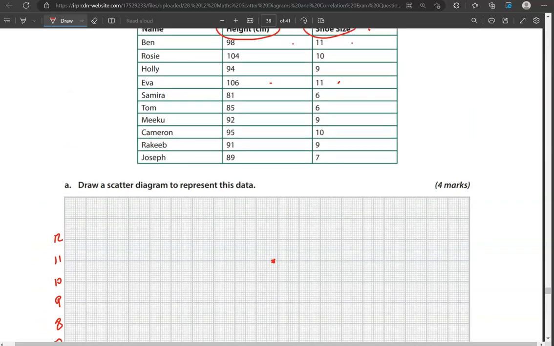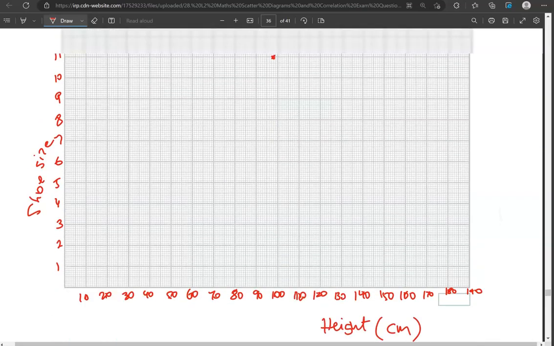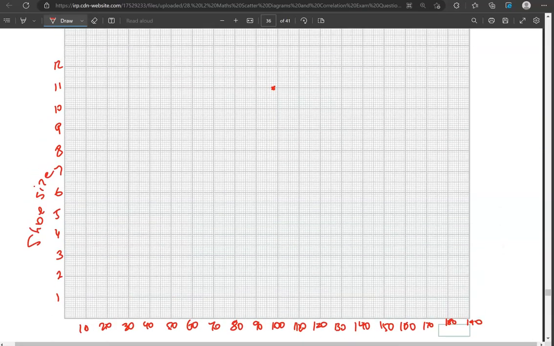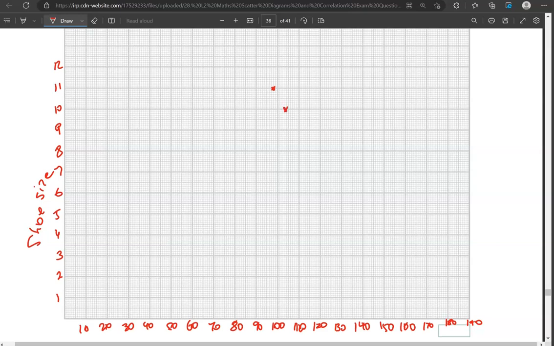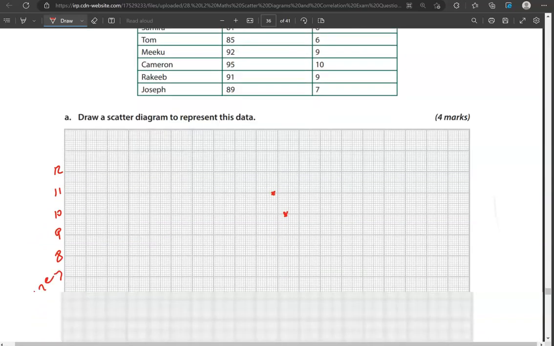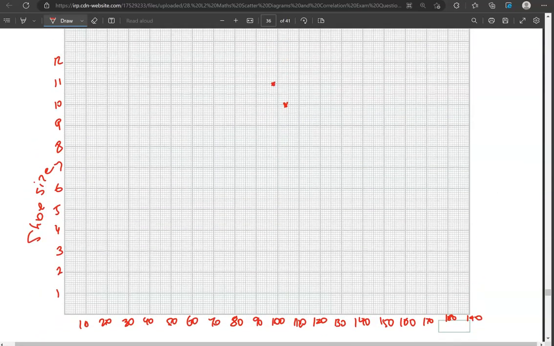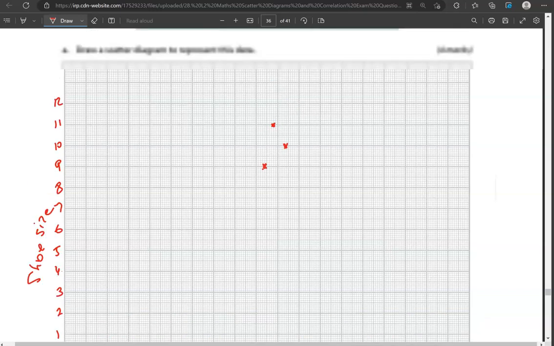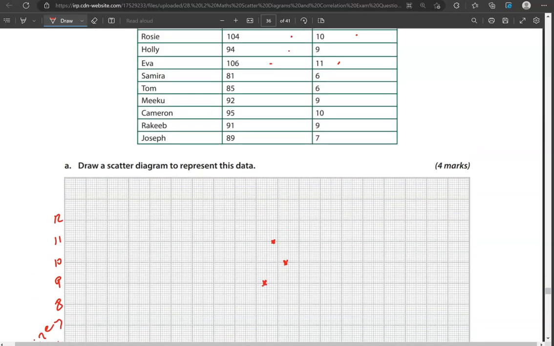Then Rosie, 104, 10. Holly, 94, 9. Eva, 106, 11.